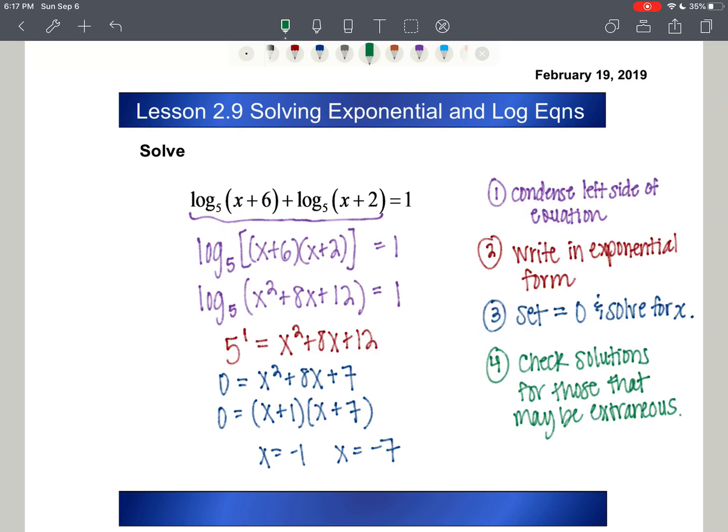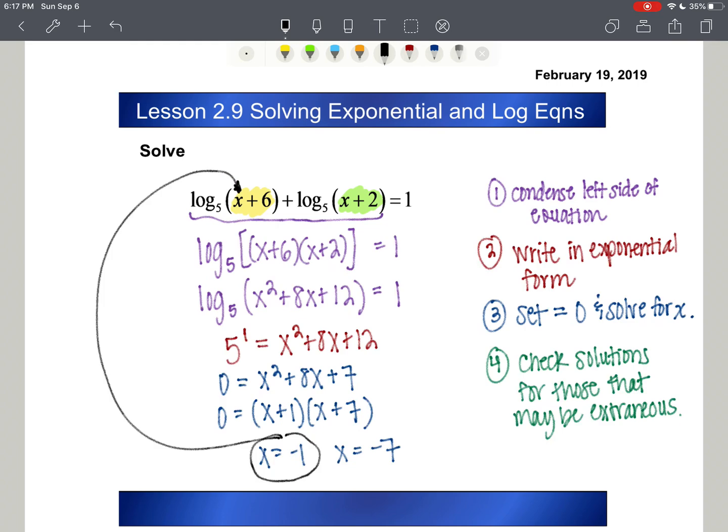So for instance, when I come back to the original problem, my argument x plus 6 has to be positive. My argument x plus 2 has to be positive. If I put a -1 in for x, -1 plus 6 is positive. It's 5. It works.